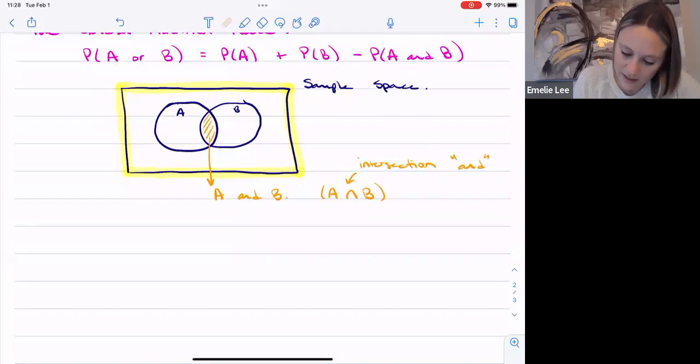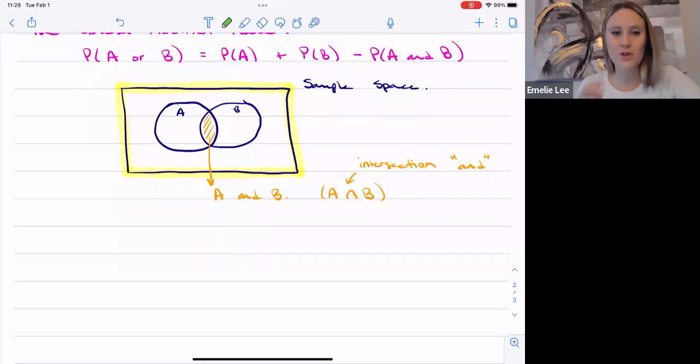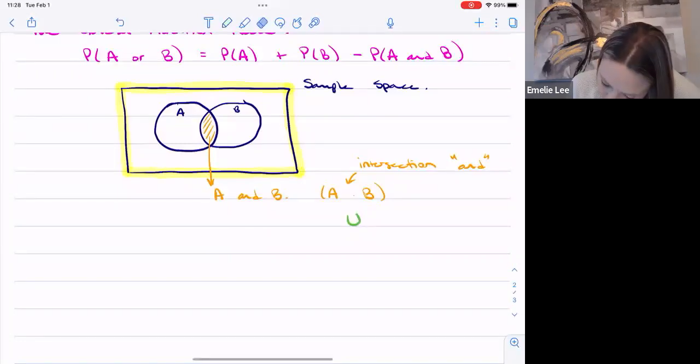Okay. And I kind of imagine, right, drawing a little line across. Sorry, it got a little faint there, but I draw a little line across, and that's what triggers my mind to say, okay, that's the and. And then the opposite is the union, which we read as or. I'm not going to keep that line there.